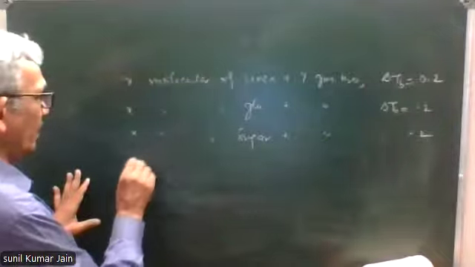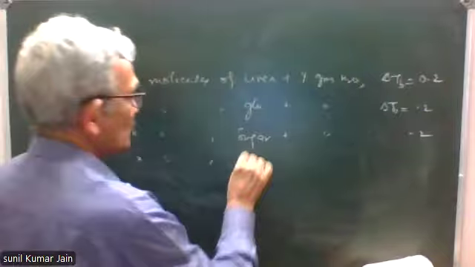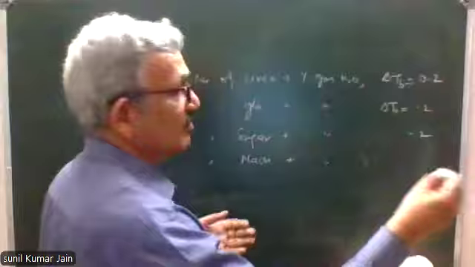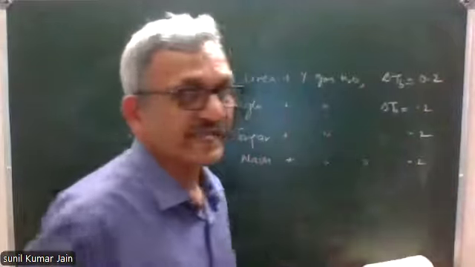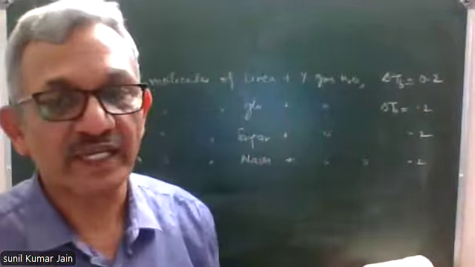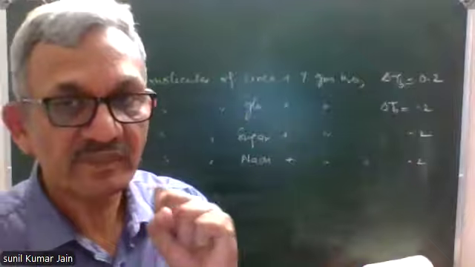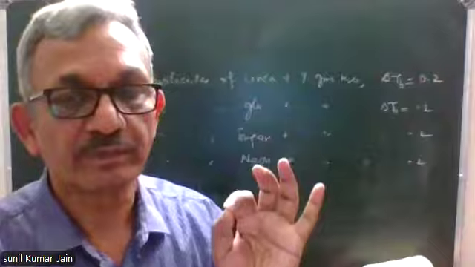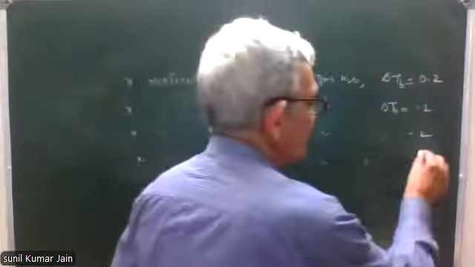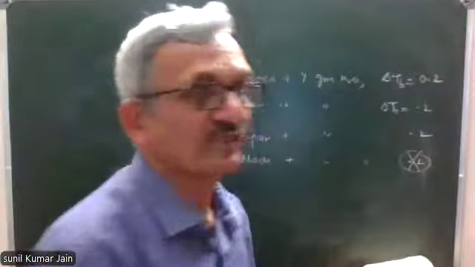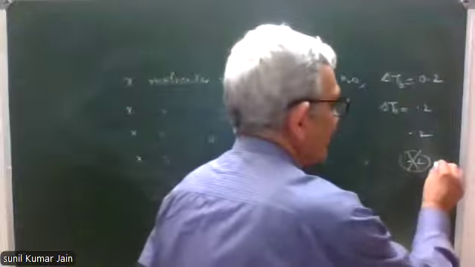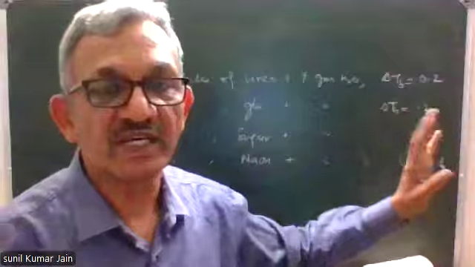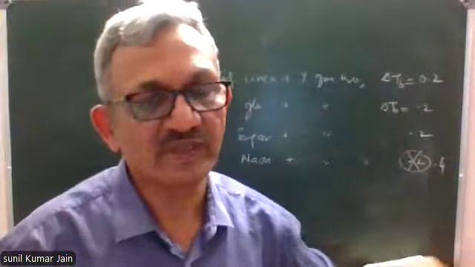If I dissolve the same number of molecules of NaOH in the same amount of water, again I expect that the elevation should be 0.2, but in this case, the value of elevation will not be 0.2, it will be 0.4. Now, what is the problem in the fourth case? In the first 3, it was the same.